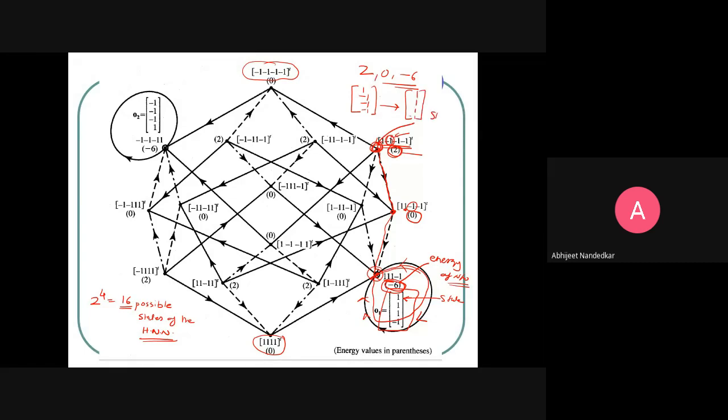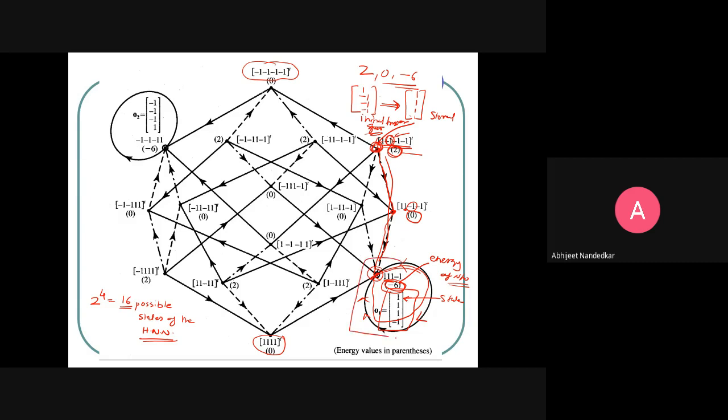So this was the stored pattern, and this is the initial guess, the initial trigger you can say. For this initial trigger, you will land here, provided you follow this sequence of changes.